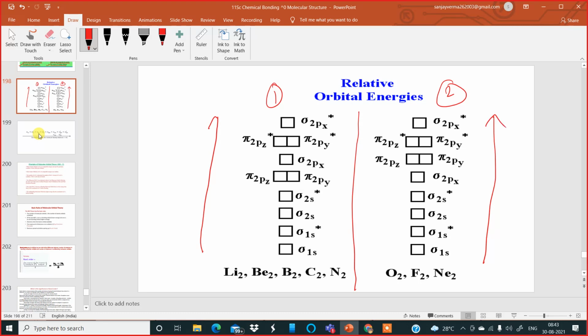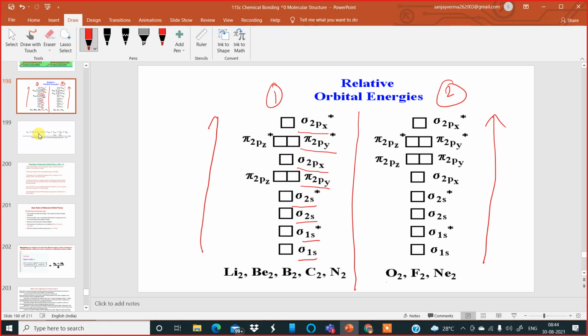How will you learn? 1s, sigma star 1s, 2s, sigma star 2s, 2py, sigma 2px, pi 2py, sigma star 2px. This way you have to learn this order. I'll write in a much better form in the other slide also.